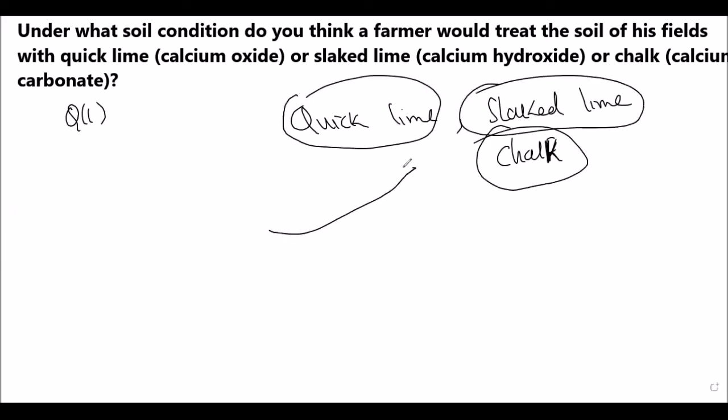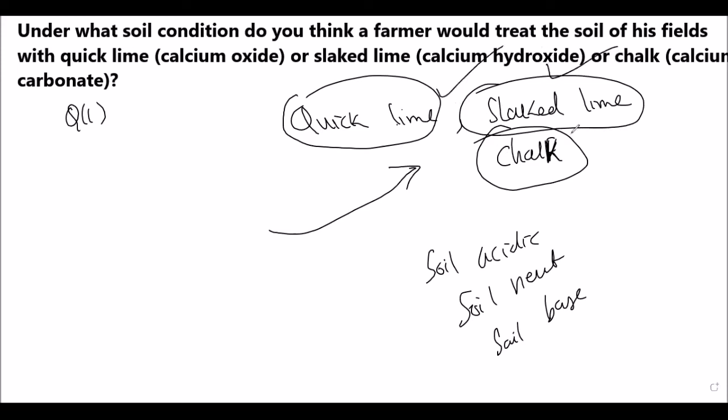So what is the condition they are asking? Condition means whether the soil is acidic, neutral, or basic. When the soil is too acidic. So the farmer treats the soil with quicklime, slaked lime, and chalk when the soil is too acidic. Exactly correct.